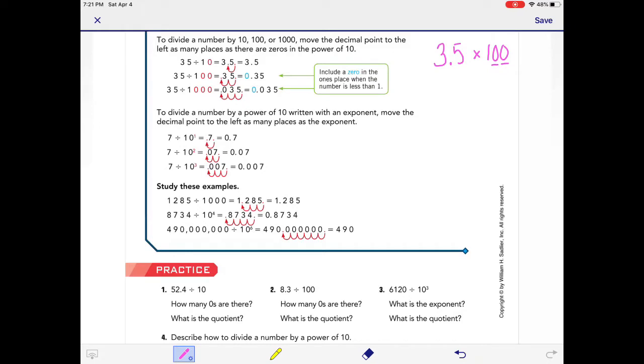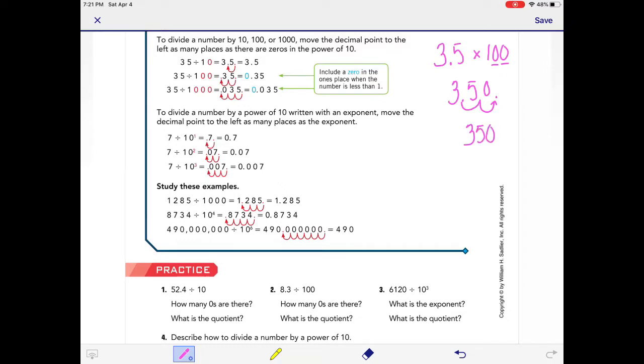So we're going to move it over 2 places. This 3.5, or 3 5/10, we move it over once, twice, and our new number is going to be 350.